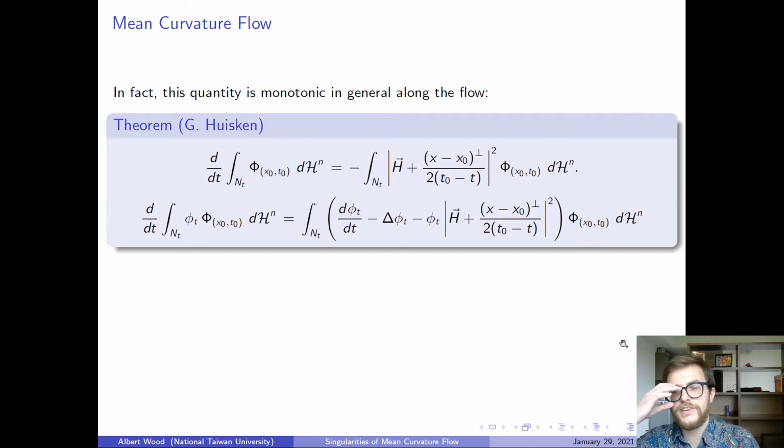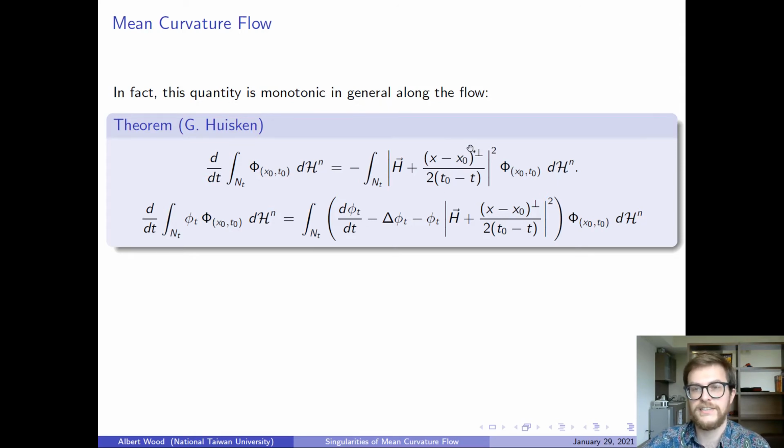Moreover, this quantity in general is monotonic. This is the Huisken monotonicity formula. Generally speaking, the derivative of the integral of this kernel is equal to some negative quantity. And the integral here, you can see, is precisely 0 for a self-shrinker centered at the point x0, t0.